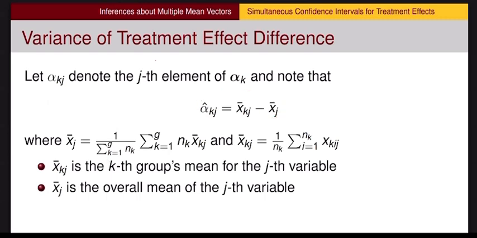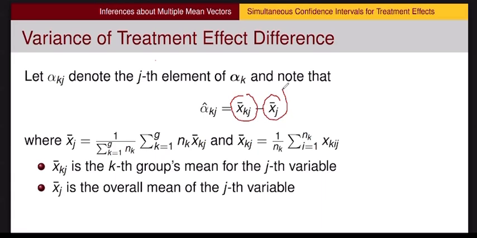Not only that, this enables us to adjust for correlation among response variables, because if there is correlation among response variables and we ignore it, we are going to mislead, and we don't want to mislead. As I was saying, this is a group mean, the mean of the response variable in a particular group, and this is the overall mean.